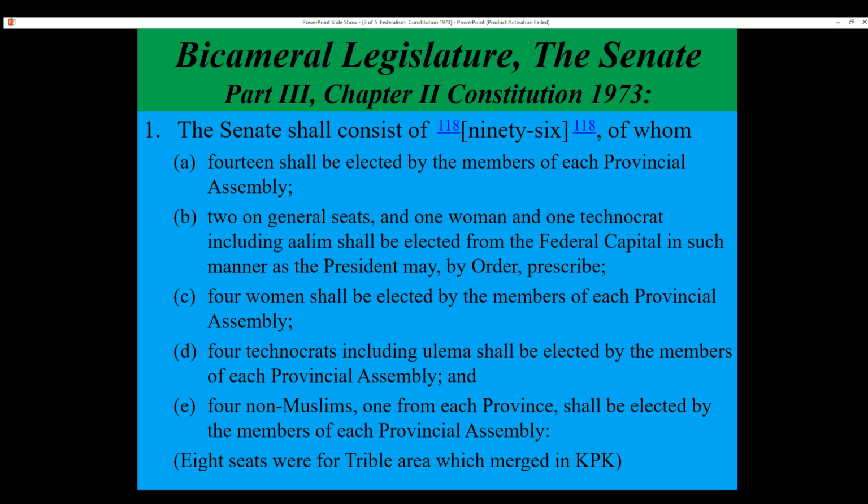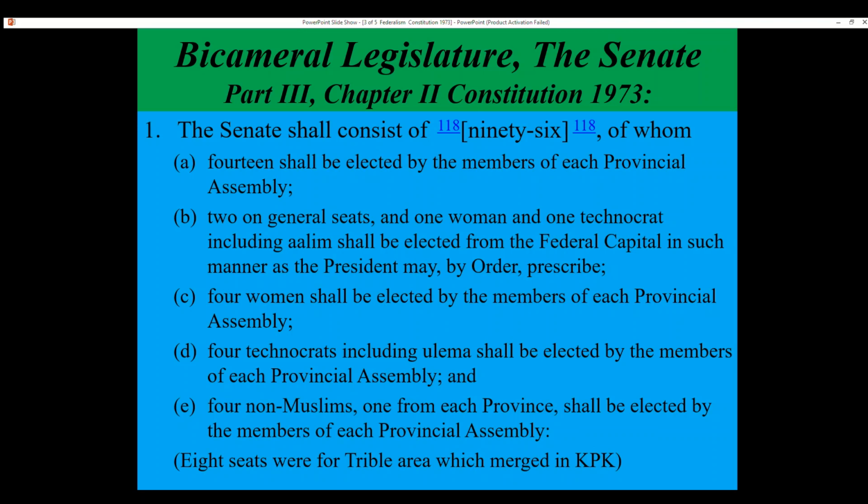Subclause C, 4 women shall be elected by the members of each provincial assembly. Subclause D, 4 technocrats, including ulama, shall be elected by the members of each provincial assembly, and 4 non-Muslims, 1 from each province, shall be elected by the members of each provincial assembly.